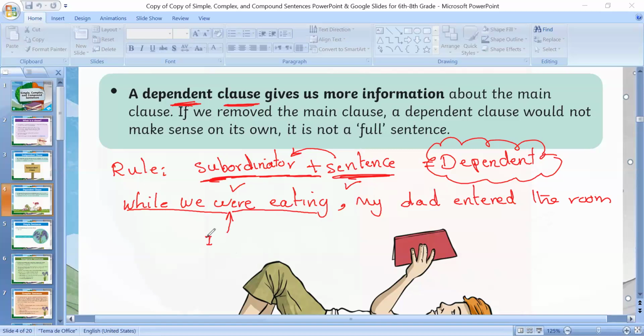Dependent. Excellent. We name it also subordinate because of the subordinating conjunction here. So we name it subordinate or dependent. Thank you, Khalid.